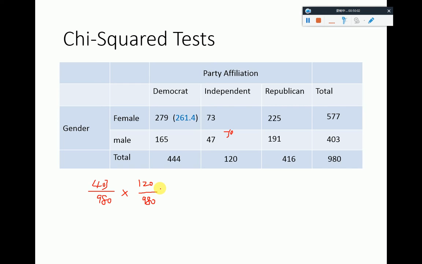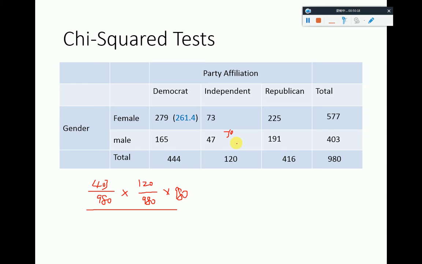But then we want frequency counts, right? So we need to multiply this product term with the total sample size. This will give you the expected frequency here.